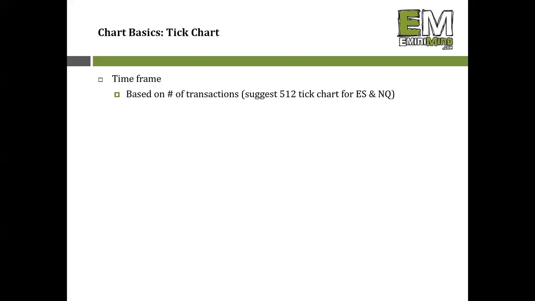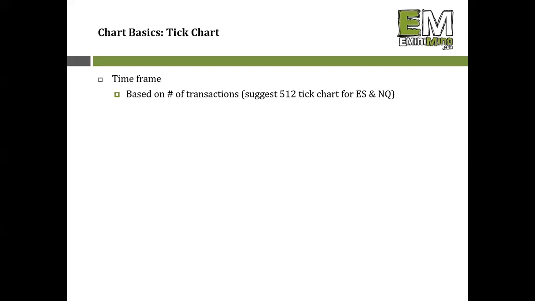There's a lot of different stories, if you will, of how some of these numbers came to be. You'll see 233, 512, 1044. It's very vague. But the idea of somewhere around 500 transactions to close your candle is a really good way to set things up.